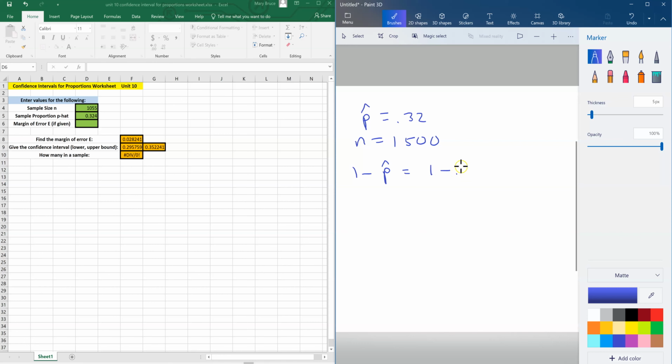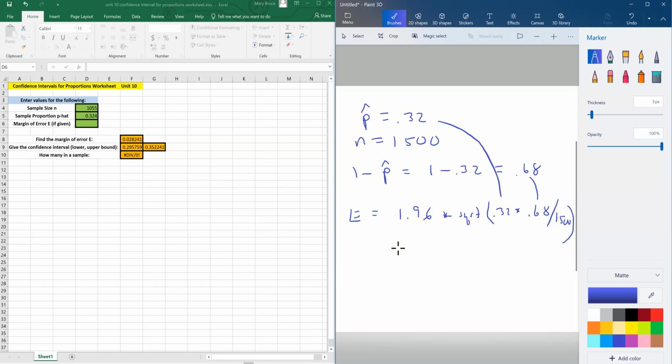So 1 minus my 0.32, get my 0.68, and then I'd be ready to plug into the margin of error formula, which is E equals 1.96, or you can use a 2, times the square root of the 0.32 times the 0.68, that's the P hat and the 1 minus P hat, divided by the sample size, in this case, 1,500.